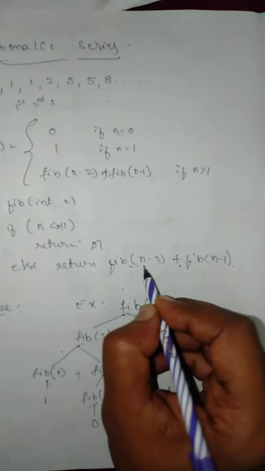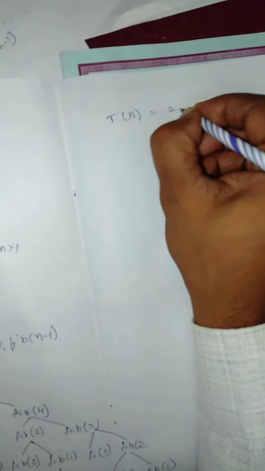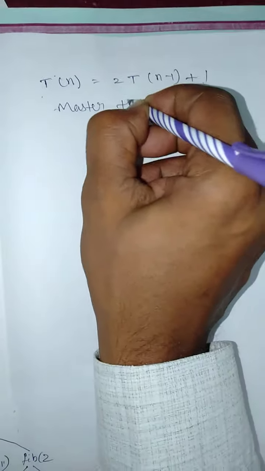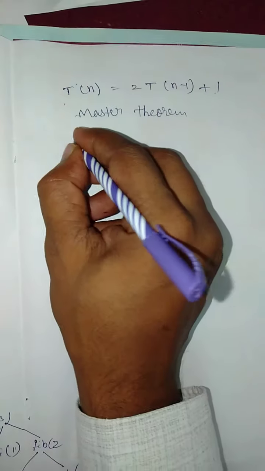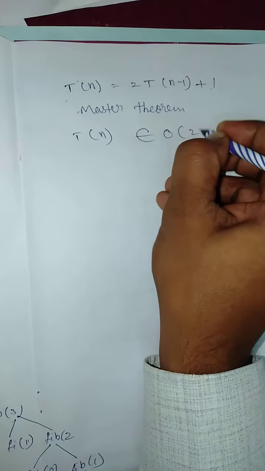Just for simplicity I consider this as n minus 1, therefore T(n) will be 2 into T(n minus 1) plus 1, which is the number of additions. Now apply the master theorem. So T(n) belongs to big O of 2 to the power n.